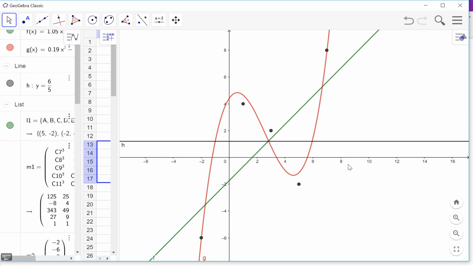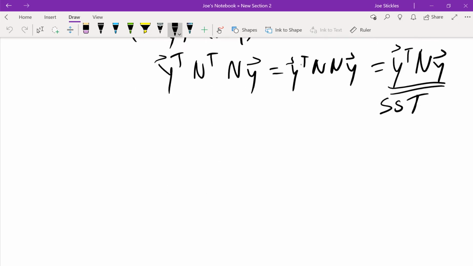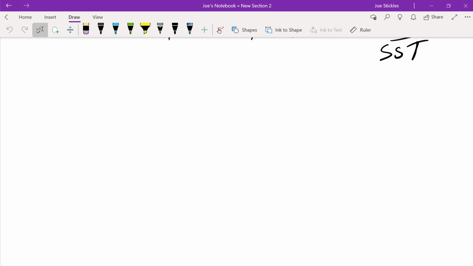So remember your y hats. If I just do it for a linear model, your y hat is your ax plus b, that model.